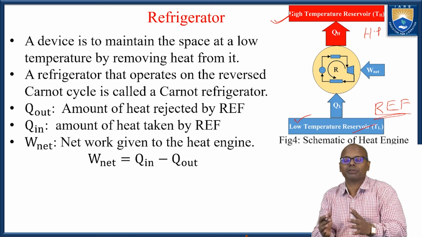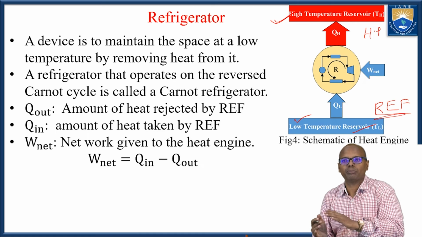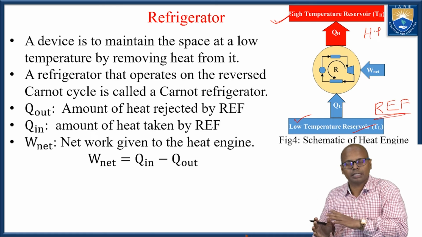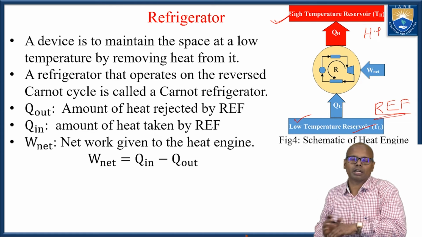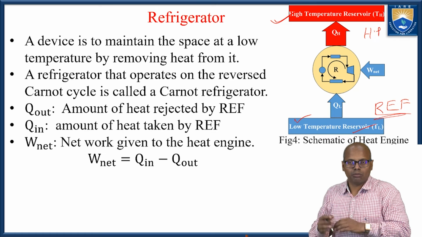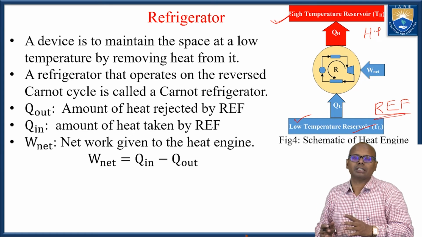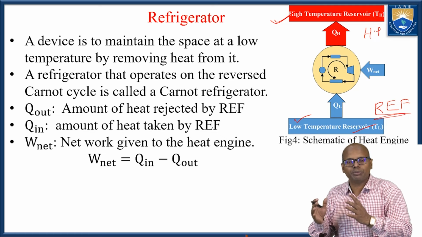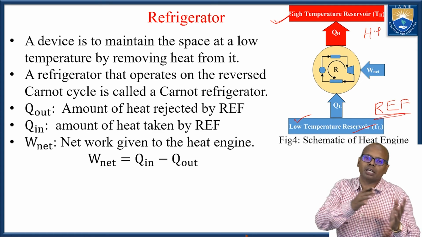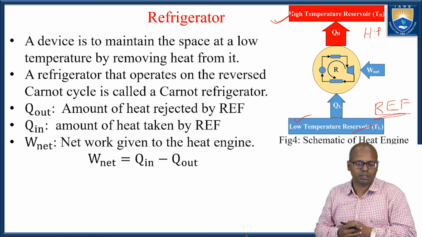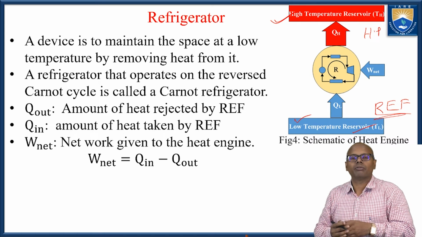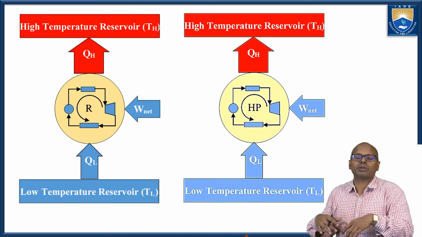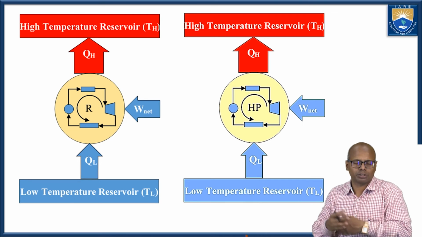So the same machine works as a heat pump or refrigerator. What is the main difference? What is our aim? The aim is whether to keep the room at a temperature lower than that of the atmosphere, or whether I want to keep this room at a higher temperature than the atmosphere.